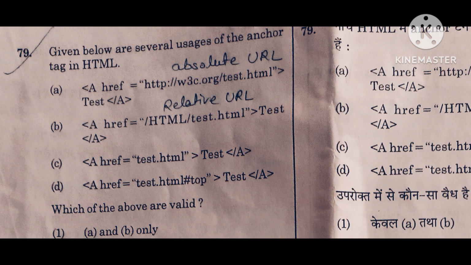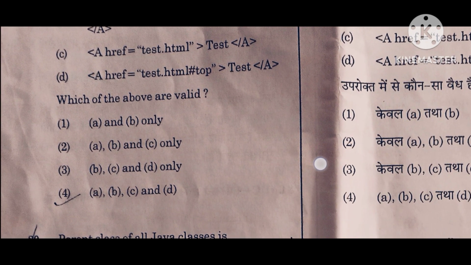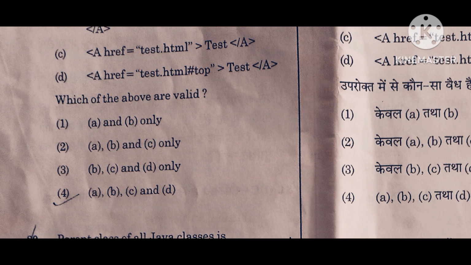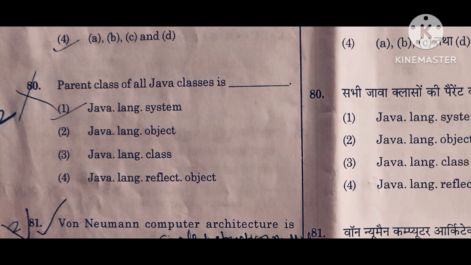And in option B it is a relative URL. Both option A, B and also C and D, each option is true. So here option 4 is correct. Okay, now let's move to the next question.